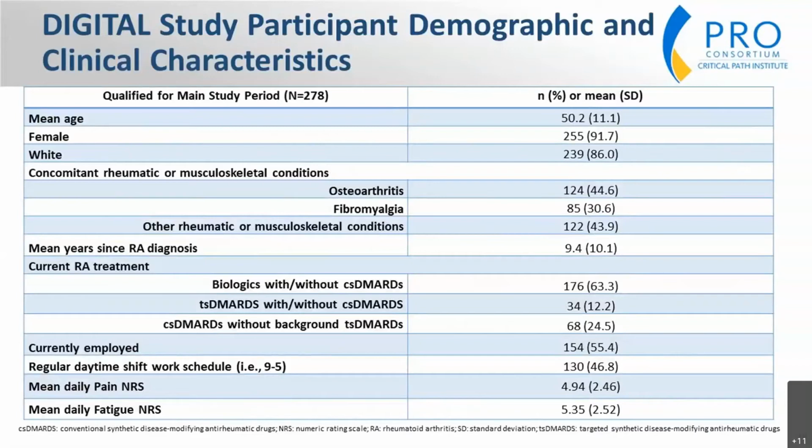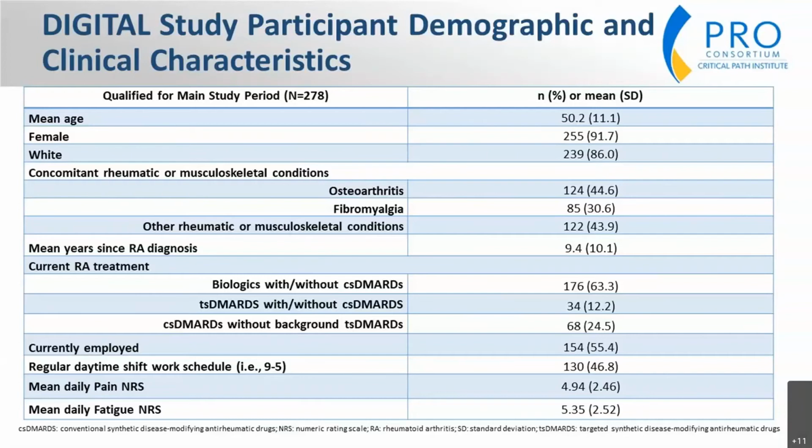Unsurprisingly, for observational studies and for the disease state, there was a predominantly female population, even though it's still slightly more lopsided towards the women than men. And our sample was also overwhelmingly white, which I think you'll all agree with me is not exactly very generalizable or desirable. And most participants had, apart from their RA, a concomitant rheumatic or musculoskeletal condition.